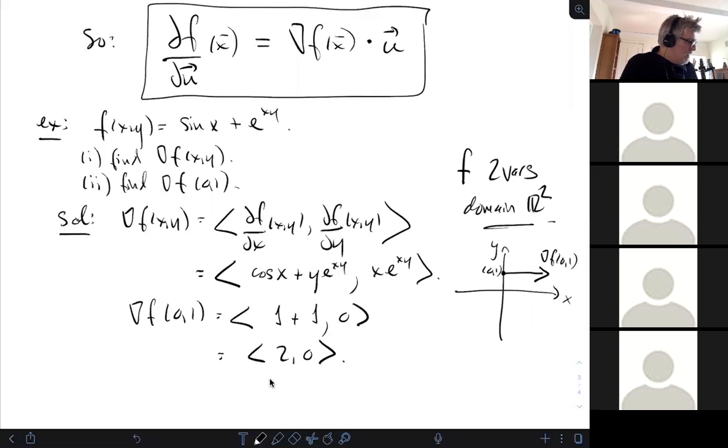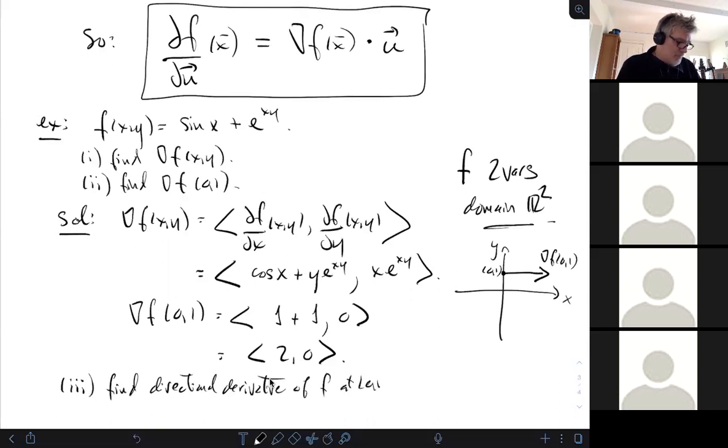Now, let's say I'm asked to compute, so find, the directional derivative of this function f at the same point in the direction of the vector v, which is 1, 1.